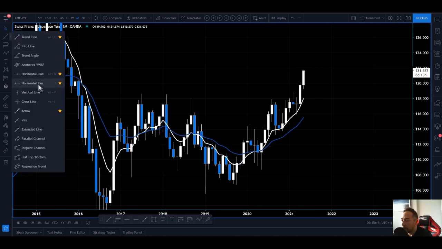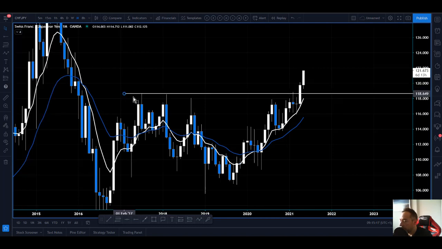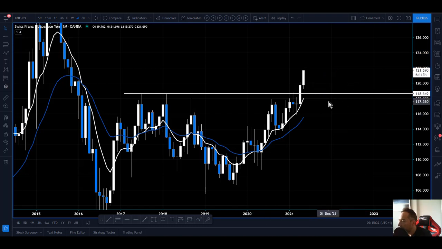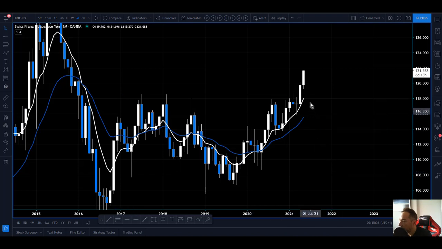Now it might pull back into this zone here where we found resistance. It could do that, we don't know, and then bounce. That could be something that happens. Or depending on what type of trader you are, you might be looking for price to come down and test one of the moving averages.